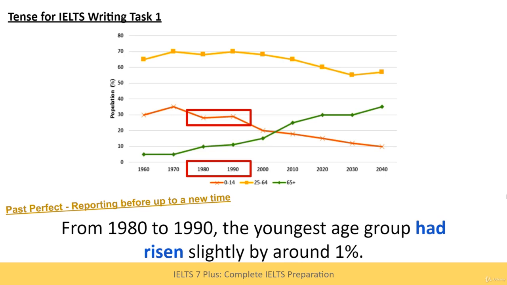So reporting a past time up until a later date or now, I can use the past perfect. Let's take a look at 65 plus. 1980 to 2020, 65 years and older had risen massively between the dates of 1980 to 2020. Had risen. And there we have a really good example of past perfect. So we've got 4 tenses there, and I hope you found those examples useful.